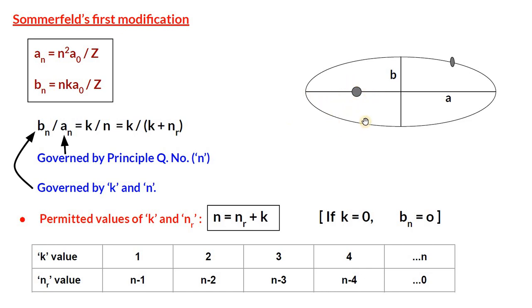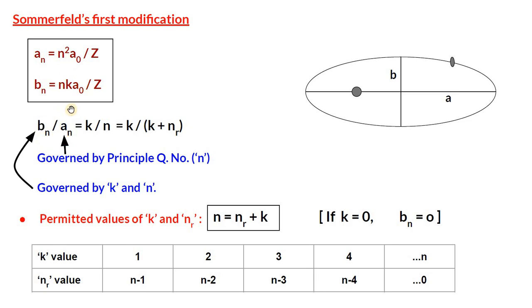Now, this semi-major axis and semi-minor axis, if this is A, how are they related to these quantum numbers? You can see that An is related like this and Bn is related like this, where A0 is the Bohr first orbit radius, R0, a constant whose value is 0.53 Angstrom.